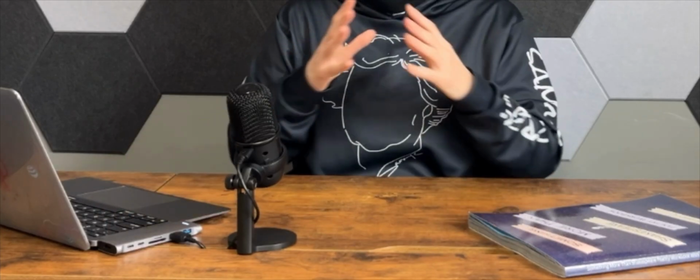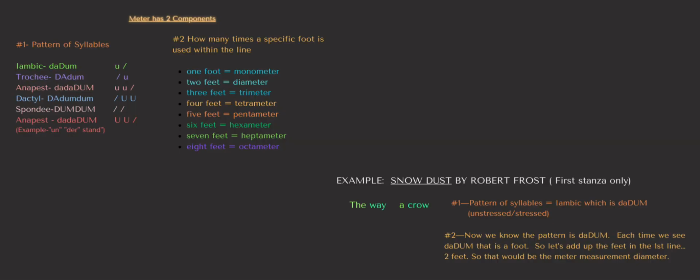Okay, so meter has 2 components. 1, the pattern of syllables. Many people are familiar with William Shakespeare, and he wrote in iambic pentameter. So the iambic piece is da-dum, so that means unstressed, stressed. Okay? The second part of that is how many feet are used in a line.